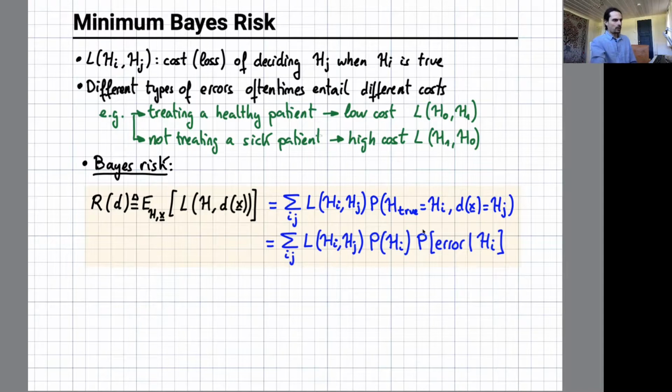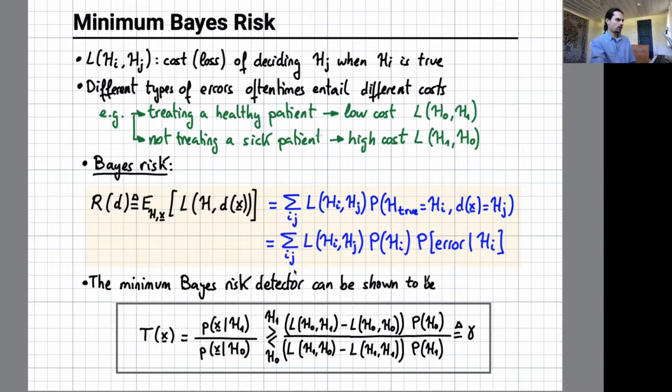And by using the definition of conditional probability, this can be written in this way. So this is weighted by the probability of each hypothesis and by the probability of error corresponding to this decision rule when a hypothesis Hi is true.